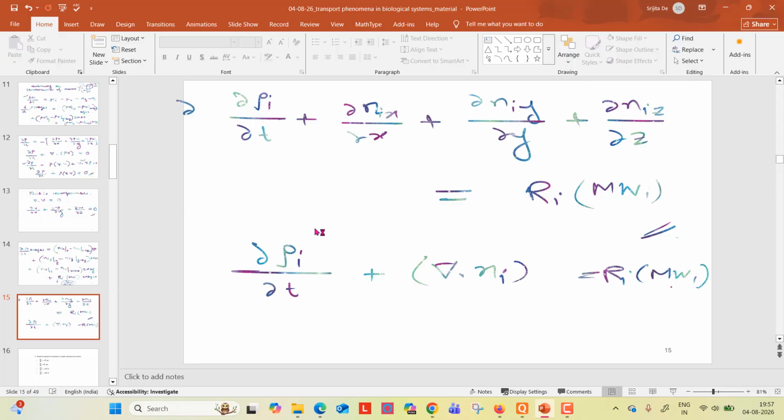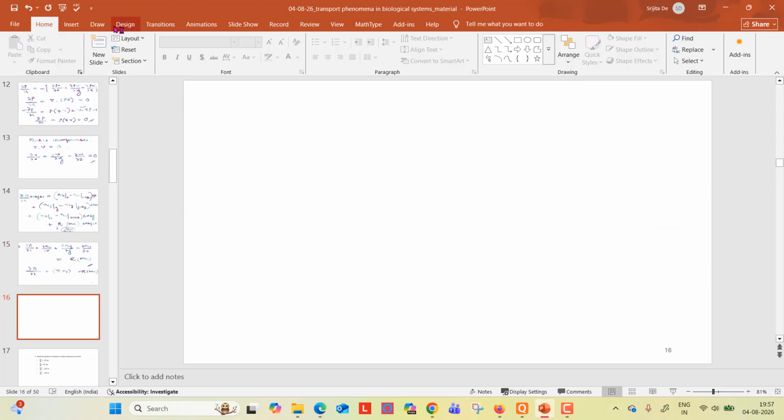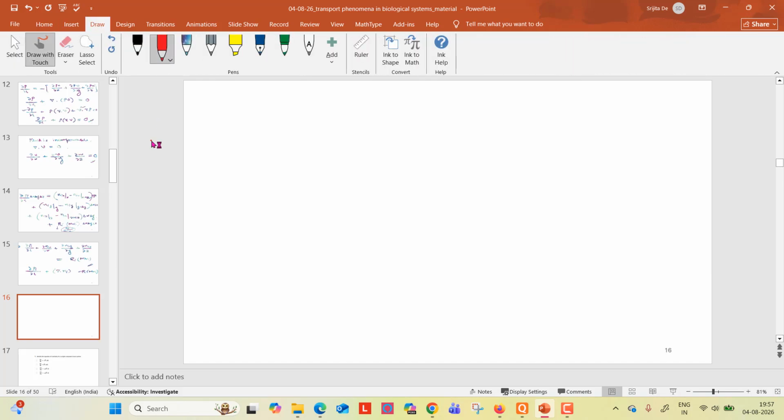Now if we change this for the molar system, we have to divide it by the molecular weight and we'll get del Ci del t plus divergence of Ni equals Ri, right?